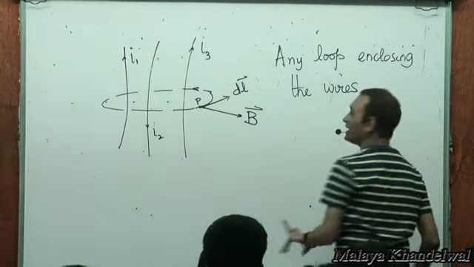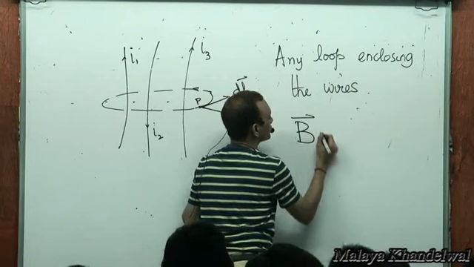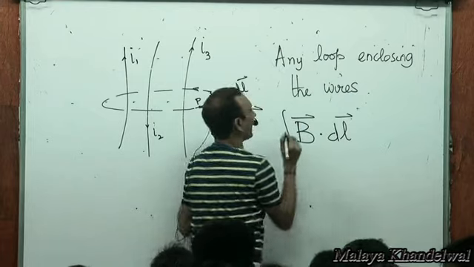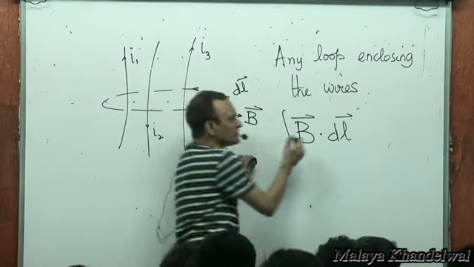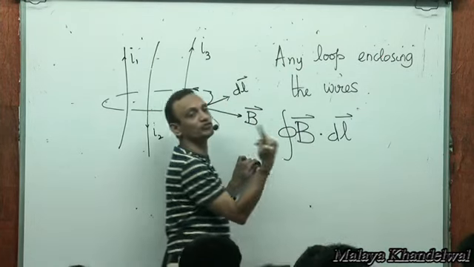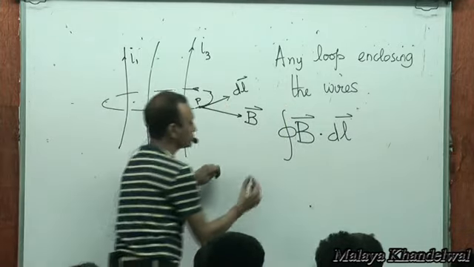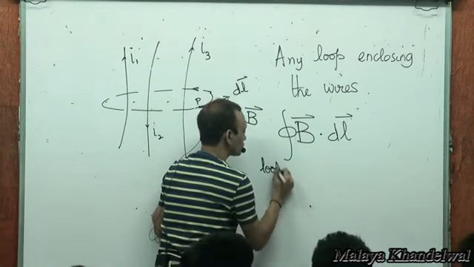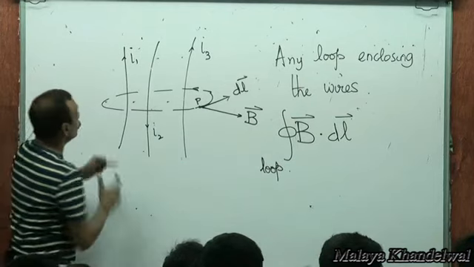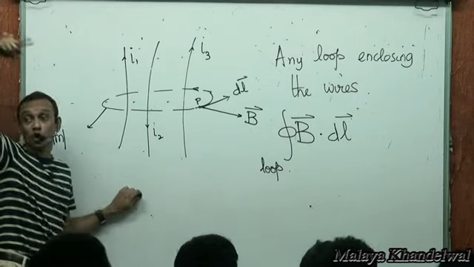So the B dot dls are computed and they are added for the loop. That means if this B dot dl is computed and added for the loop, you put this, it would mean there is a full loop. This B dot dl is for the entire loop. Right? And this loop is what's called an Amperian loop. That surface was called a Gaussian surface.